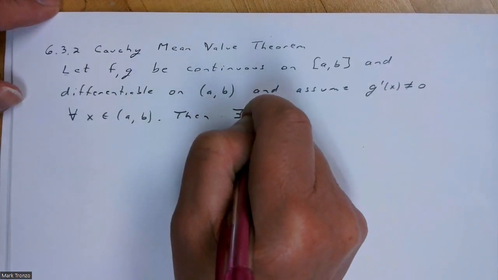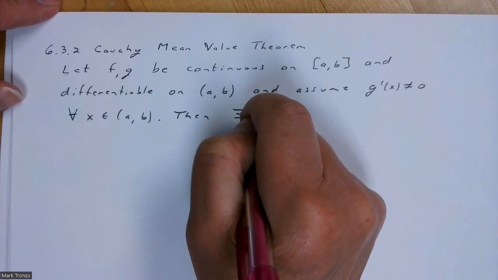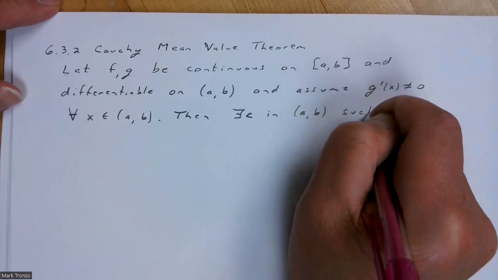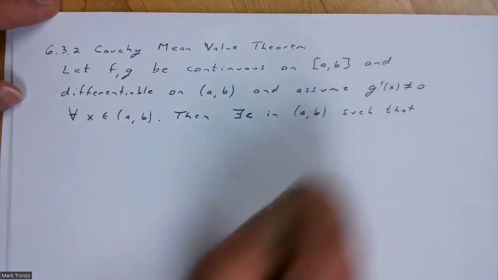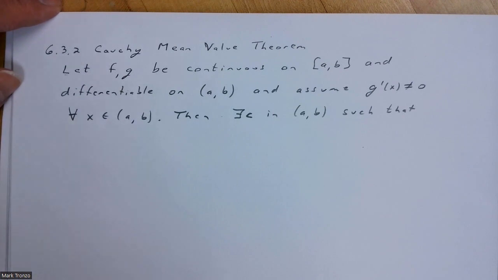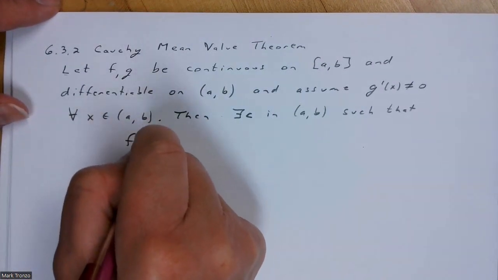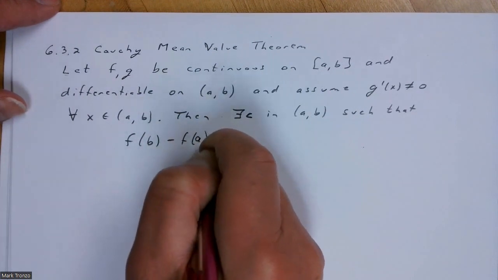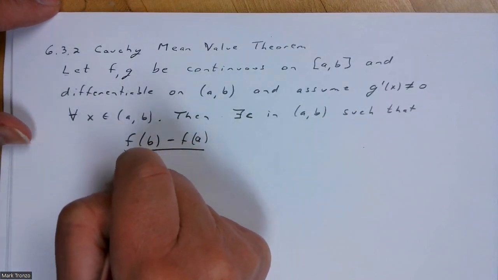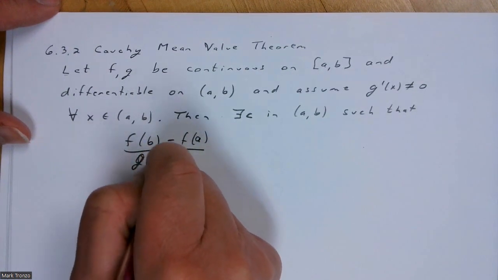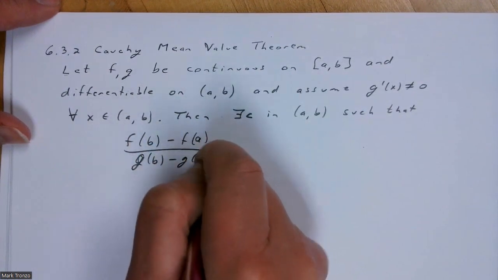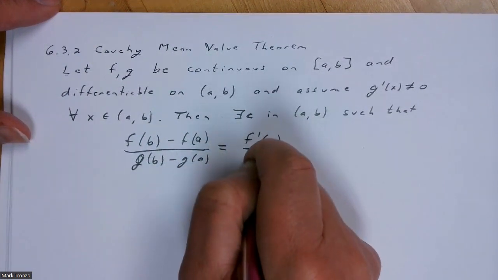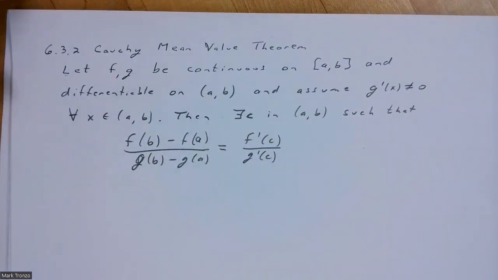Then there exists a c in (a, b) such that (f(b) minus f(a)) divided by (g(b) minus g(a)) is equal to f prime of c over g prime of c, like that.